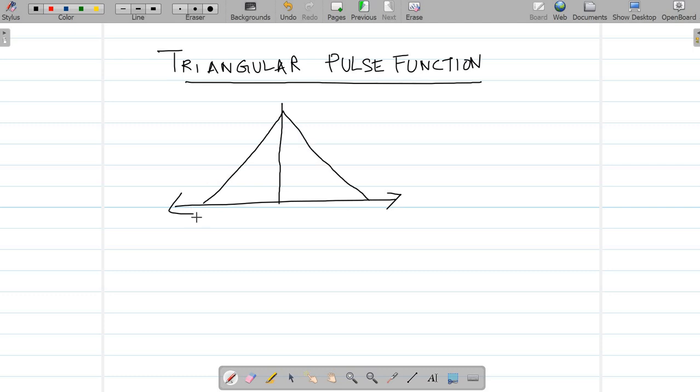Let us call these points negative a and positive a, and the amplitude here is 1.